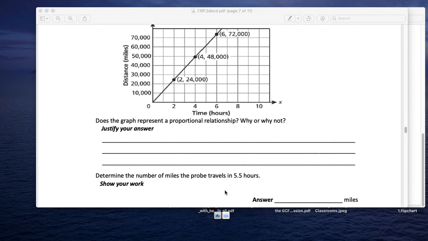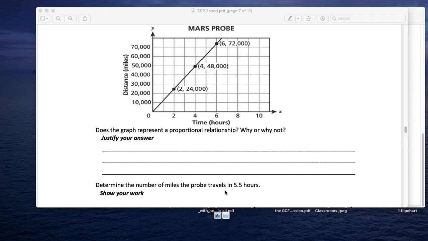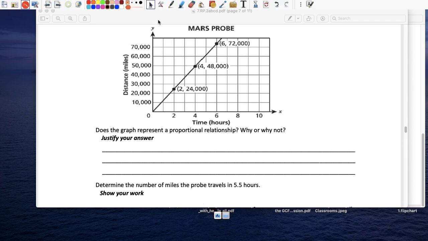Determine the number of miles the probe travels in 5.5 hours. Well, let's find a point. We know that the distance is 24,000 in 2 hours. And the question is, in 5.5 hours, what's the distance?